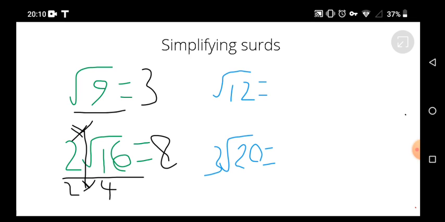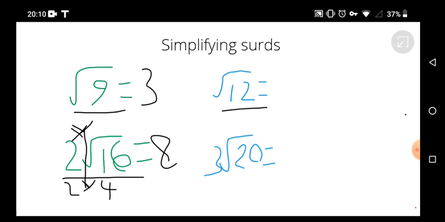Here I have root 12, and the problem with root 12 is it's not a square number, so this isn't going to give a positive integer answer, and we're still going to get a square root when we're done with this. But what we're going to get is a small square root, and we're going to try and give it its simplest form. So we're going to simplify it, not to a whole number though.